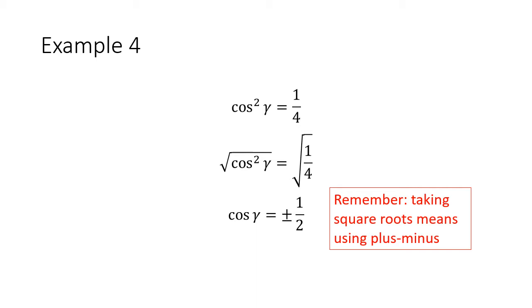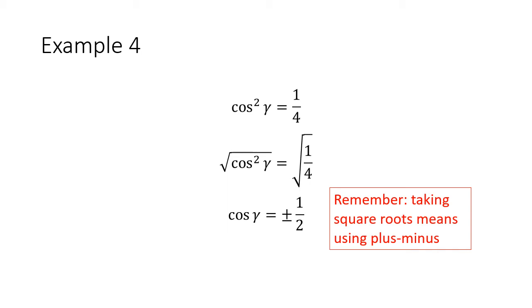They're so used to just taking square roots, especially ones where it's kind of easy and looks nice, and we know that the square root of 1/4 is 1/2. It's very easy to forget to put that plus or minus, but you have to put it. Now, cosine gamma equals either plus 1/2 or minus 1/2.